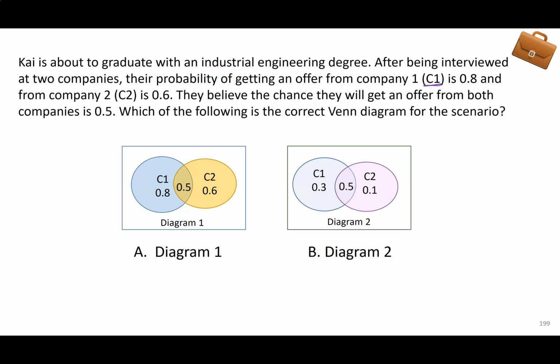They think the chance they'll get an offer from both is 0.5. Once again, I have no idea where they're getting those numbers. I don't think people get offered jobs at random most of the time. So which of the following is correct? Take a guess, and then I'll give y'all insight on the answer.